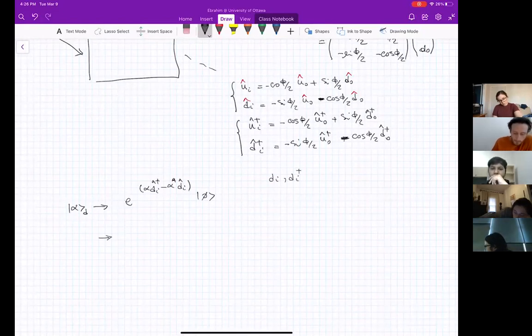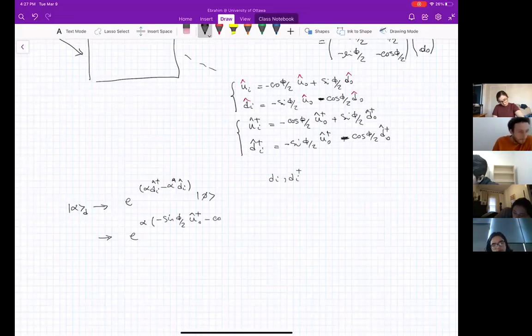So that will be e to the power of alpha times D in dagger, which is minus sine phi divided by 2 U dagger O minus cosine phi divided by 2 D dagger O, minus alpha star times D in, which is minus sine phi divided by 2 UO minus cosine of phi divided by 2 DO.